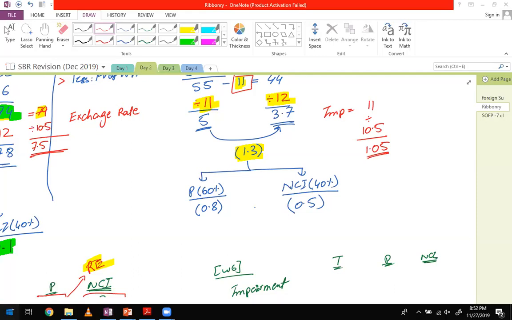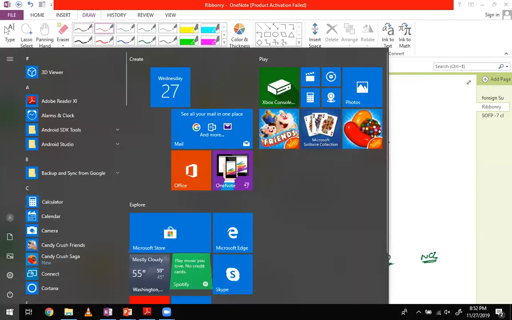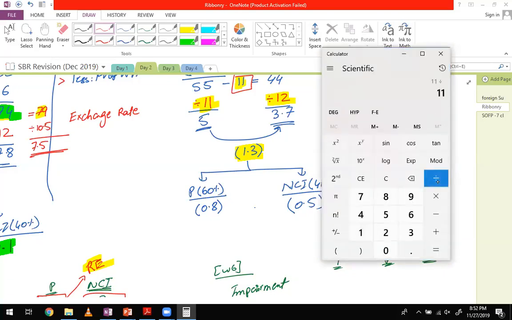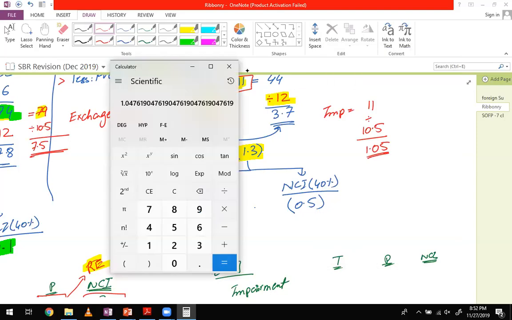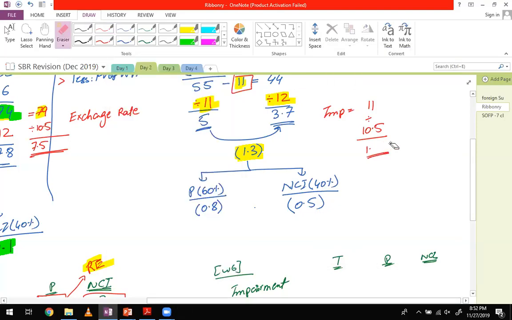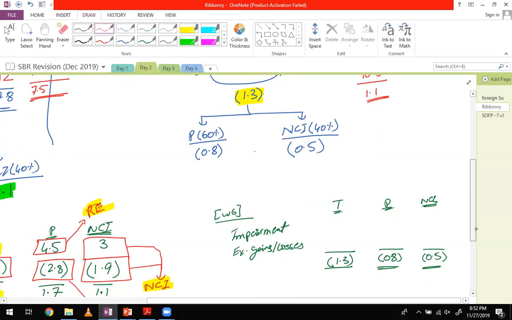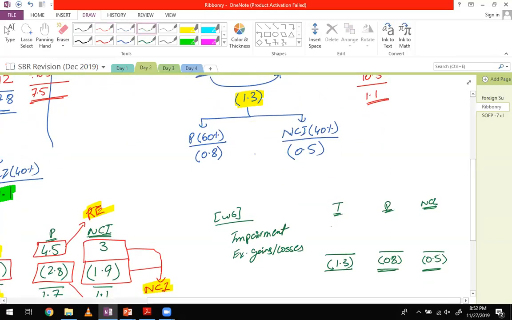So 11 divided by 10.5 will be 1.05. We can say 1.1 in short to keep it one decimal place. So negative 1.1 out of 1.3 is because of impairment. So remaining negative 0.2, the balancing figure, is because of the exchange gains and losses.